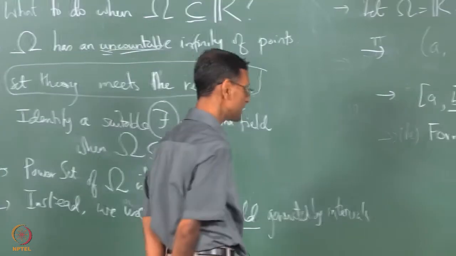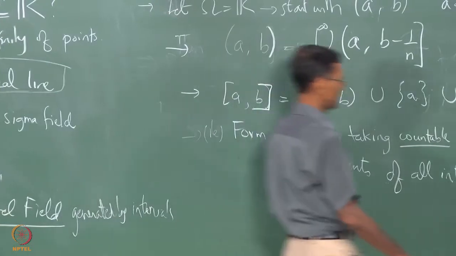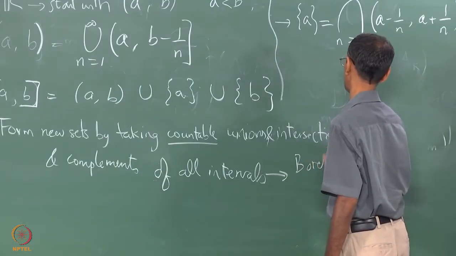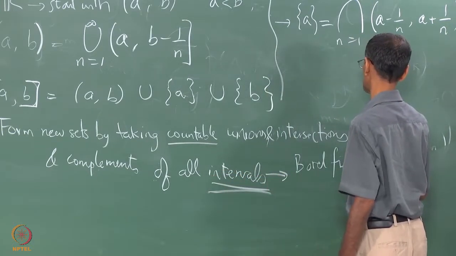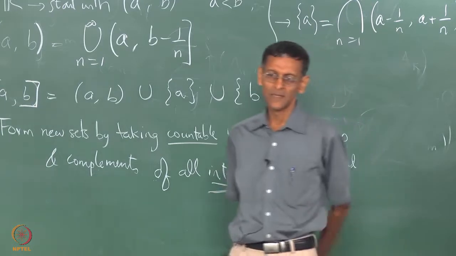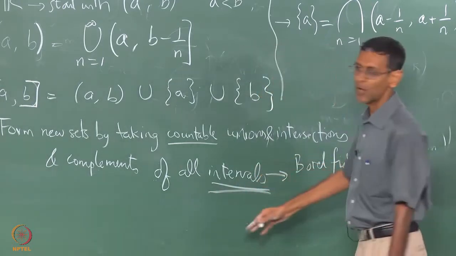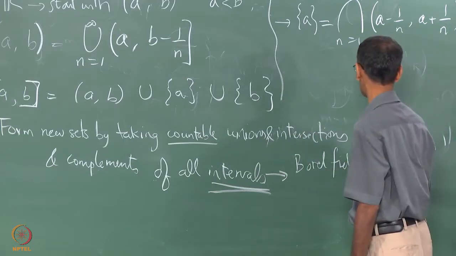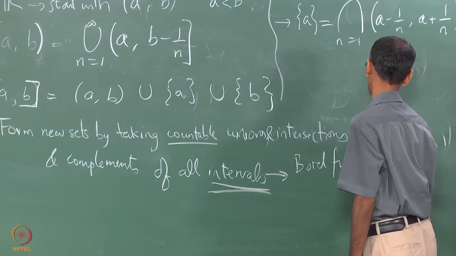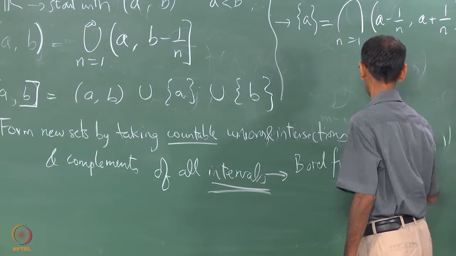If you do all this, you get what people call the Borel field. The key idea is intervals, which is the jump from the isolated individual points that we had earlier. So this is called the Borel field of the real line.